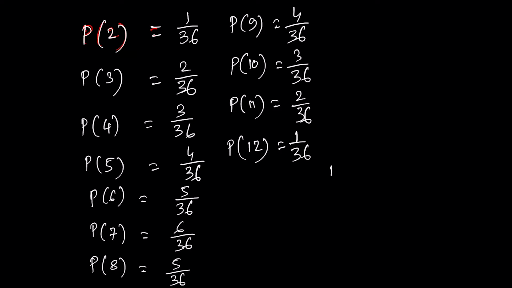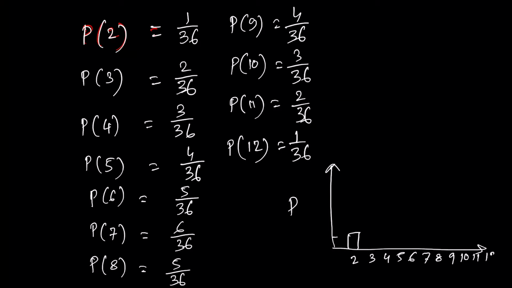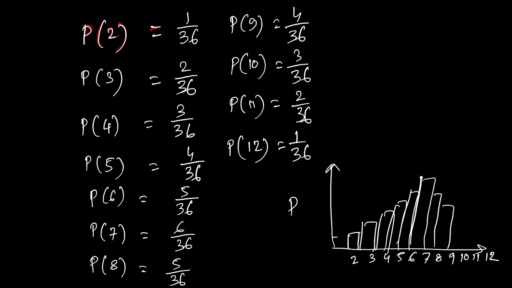So, now if I plot that probability, I will get 2, 3, 4, 5, 6, 7, 8, 9, 10, 11, 12, approximately. So, the peak will be maximum for 7.